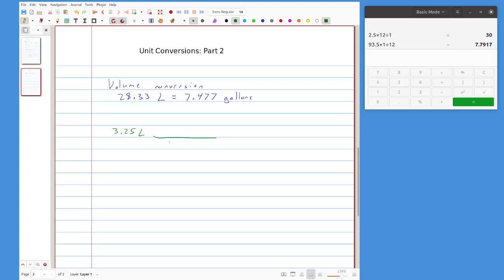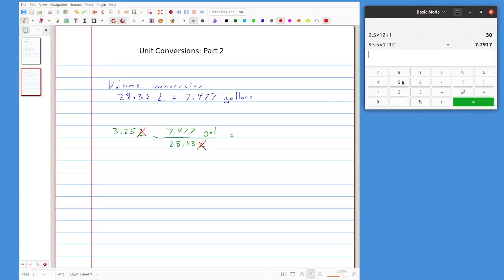So I have to put that conversion factor, the liters one, on the bottom, and then put the one I'm trying to go into, which in this case is the gallons, up on the top. The same thing happens here in terms of my units crossing out, but now I have to be more careful with my numbers because I'm multiplying and dividing by numbers and none of those are 1.